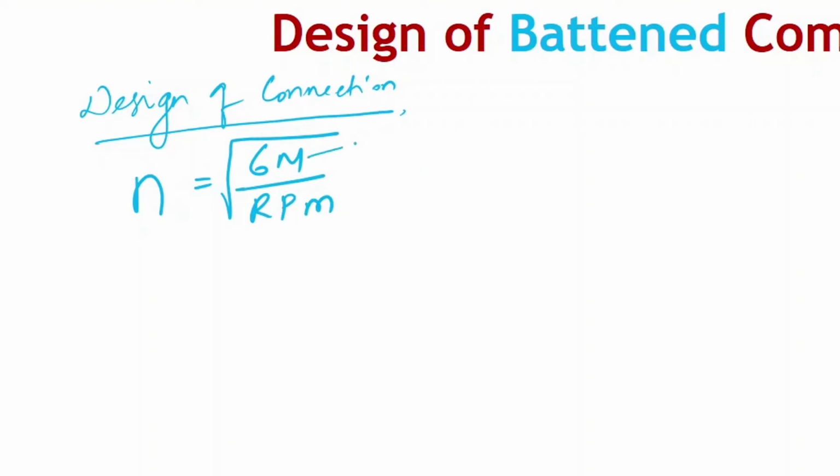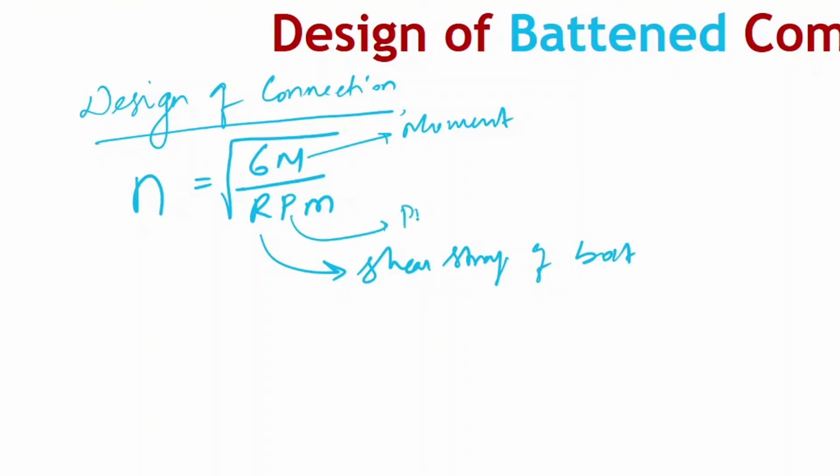Okay, here M is the moment, r is the shear strength of bolt, p is the pitch at which the bolts are arranged, m is the number of chains of fasteners.